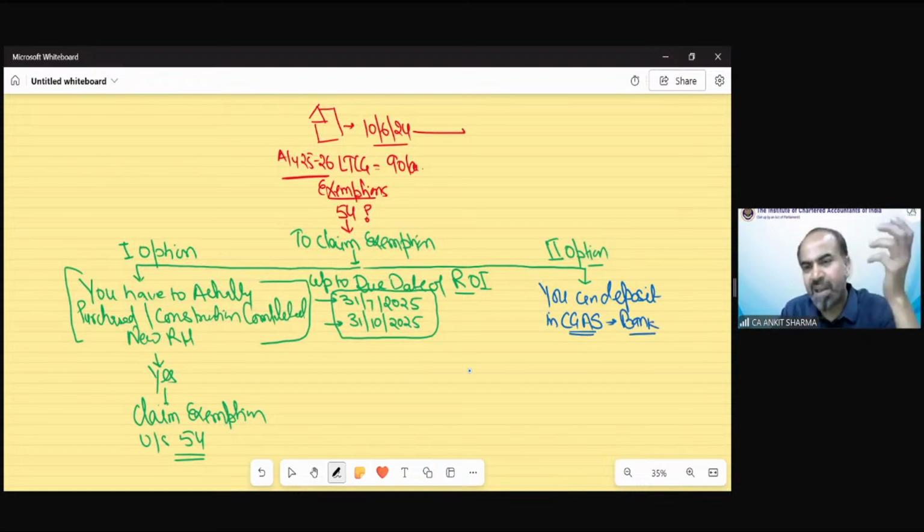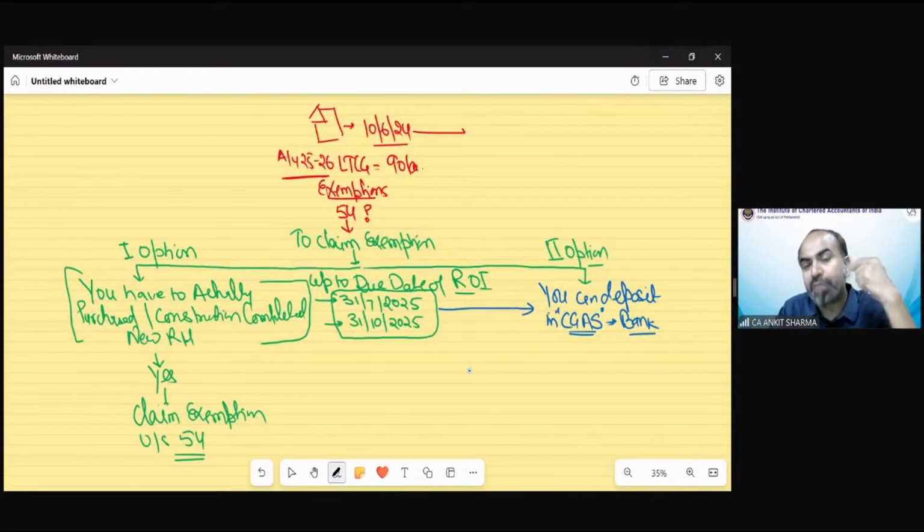As you open an FDR, a deposit account, you can go and open a deposit account with a specific name, CGAS deposit account. You can deposit the amount you want to use for the purchase or construction of a new house up to the due date of ROI.